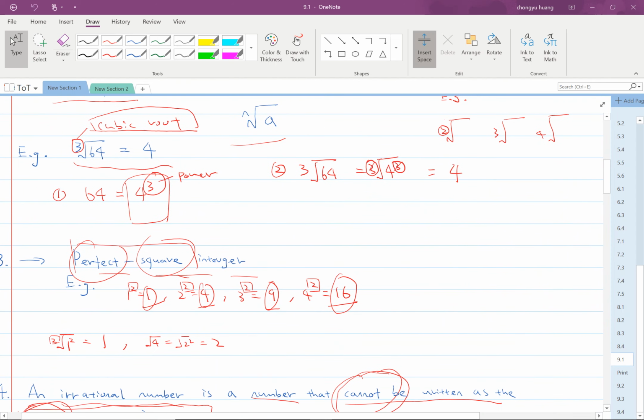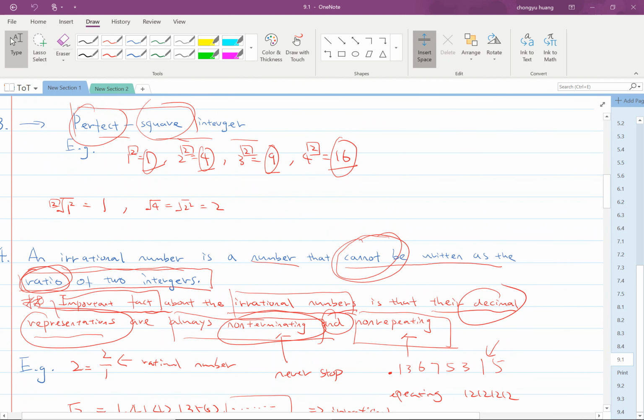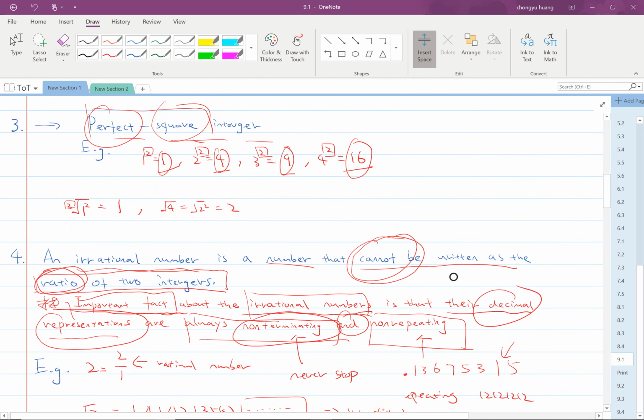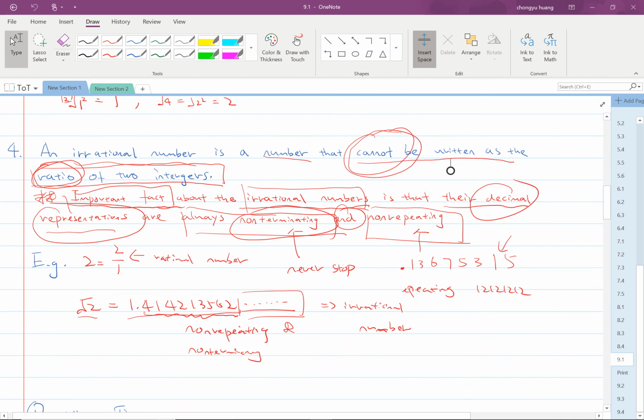We also covered the perfect square, the perfect square integer. And finally we covered the definition of the irrational number, and how you know that something is an irrational number by using those conditions.